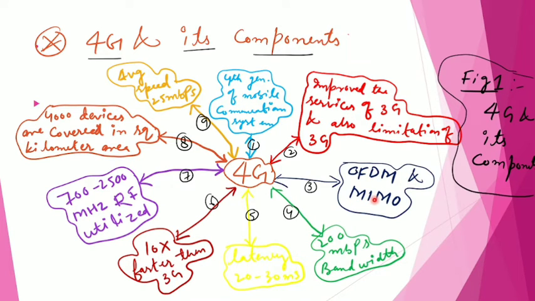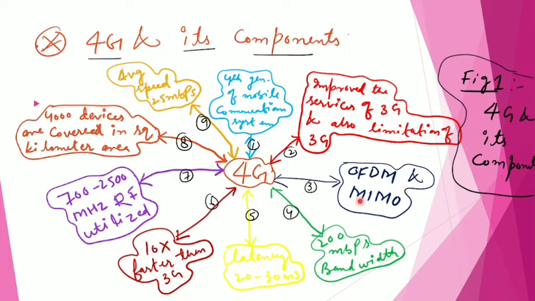And the MIMO system is used in the 4G communication system. MIMO is the multiple input and multiple output system, where multiple inputs and multiple outputs communicate with each other, from multiple users and multiple base stations at the same time.